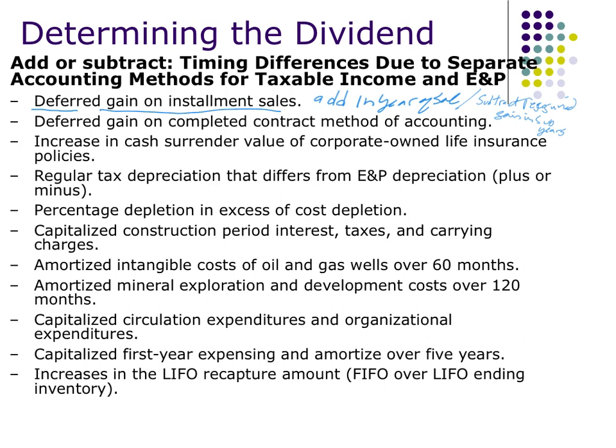So let's talk next about depreciation. Okay, so depreciation, and we're not talking about Section 179 here. We're talking about tax depreciation, okay? So if tax depreciation exceeds E&P depreciation, then we have to add back.